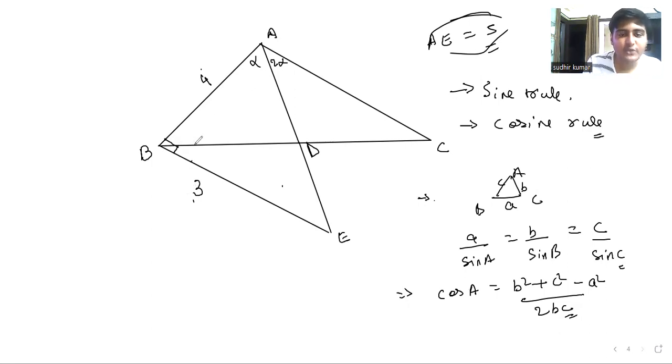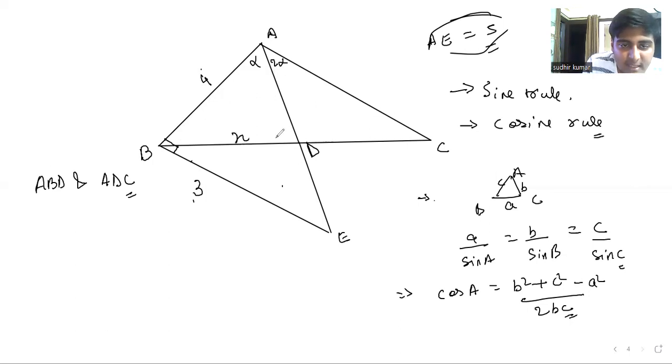So now in this question, the two triangles in which we are going to apply the sine rule are triangle ABD and triangle ADC. So in triangle ABD, AD is given as median.